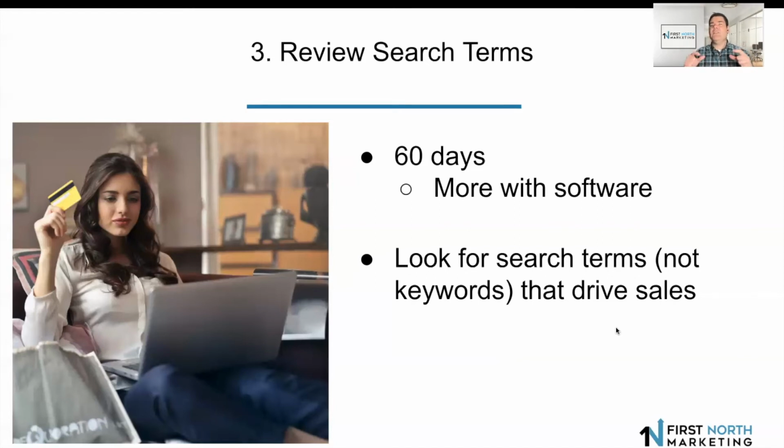What you want to do in your research portion is take that longer tail term, that gluten-free, sugar-free cookies, if that's what your customer used to actually buy your product, and put all or part of that into your title, because that's what customers are ultimately using to buy your product on Amazon.